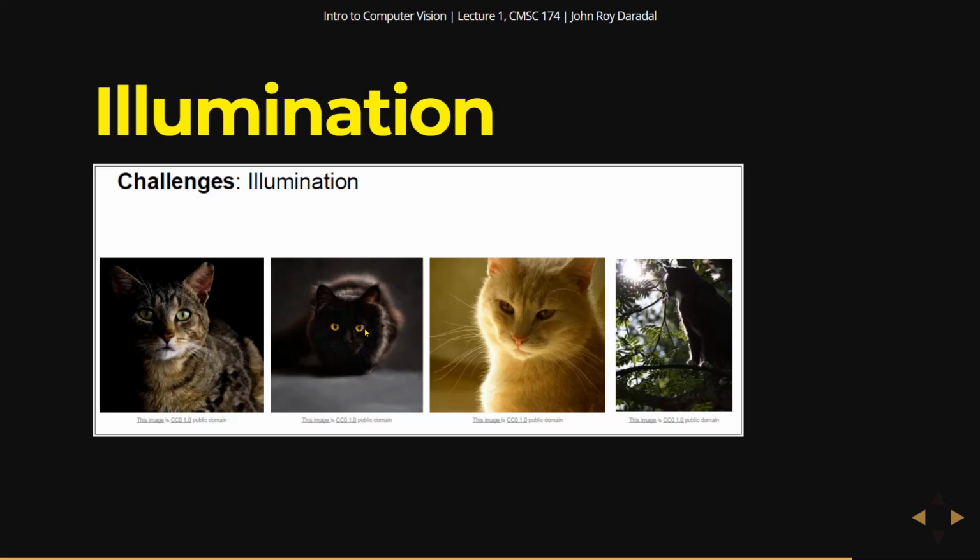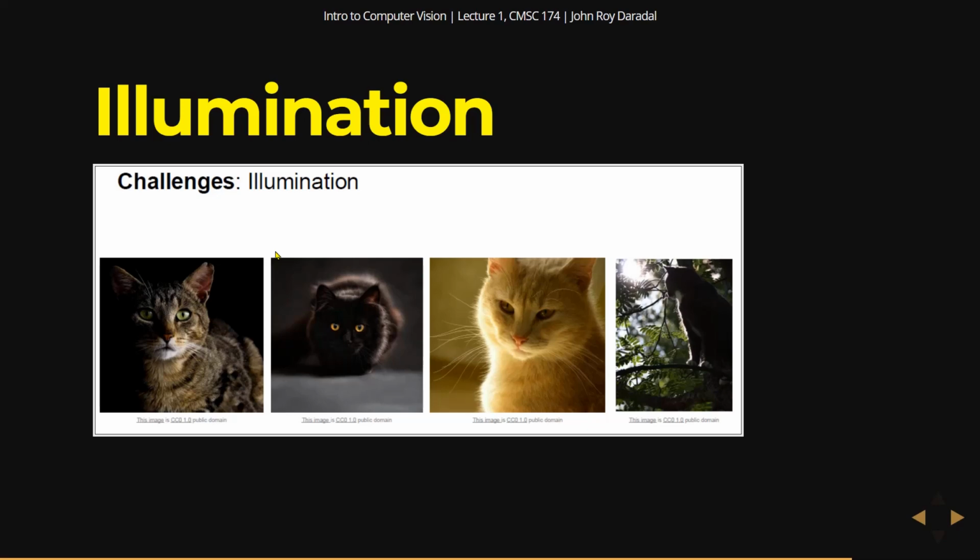Then this one, you can't even see the cat's face on the second one, right, because of poor lighting, and on the fourth picture as well. It's like just a silhouette of a cat here. Whereas the third one has the best lighting out of the four, and you can see the cat's face clearly.